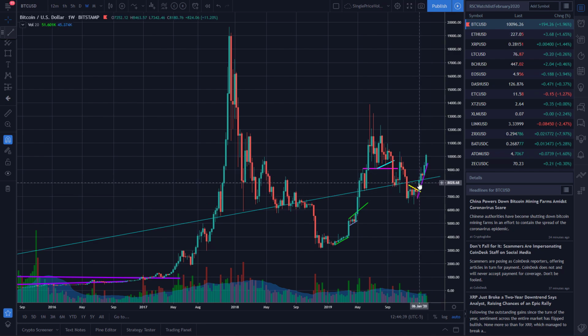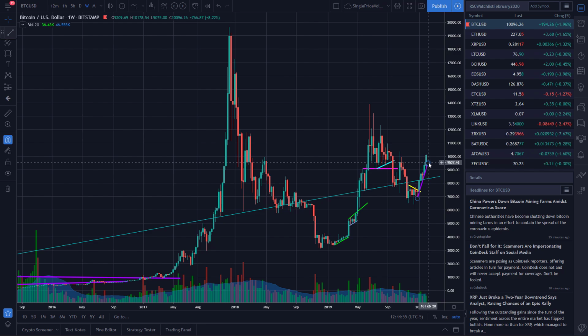At this point, if we only got up to about 8,000, that would be kind of a back test of the previous pivot and then a failure at that point. We wouldn't be out of the woods. But I think right now, based on our ability to break above 8,000, that's really good.